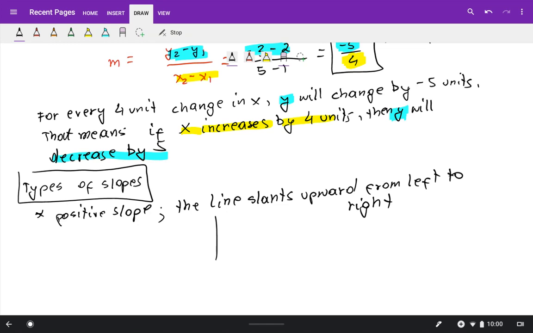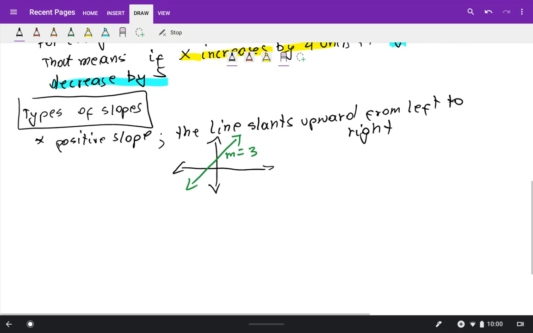So you graph the straight line on the coordinate plane, and this line has a positive slope because our line slants upward from left to right. For example, this line may have a slope, let's say m equals 3.